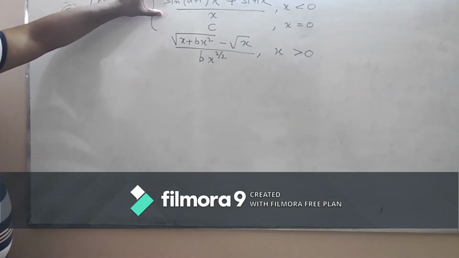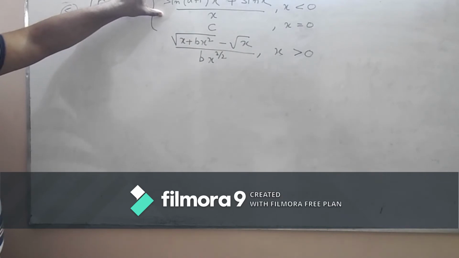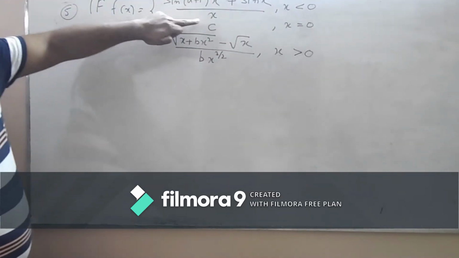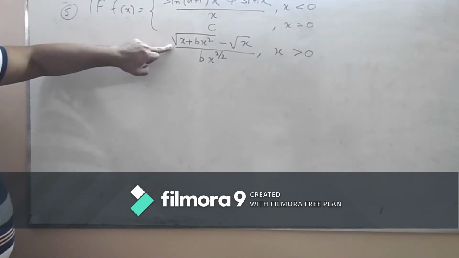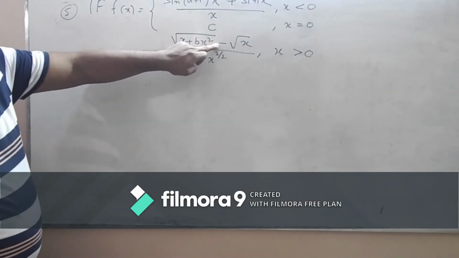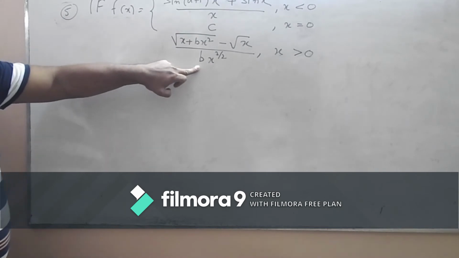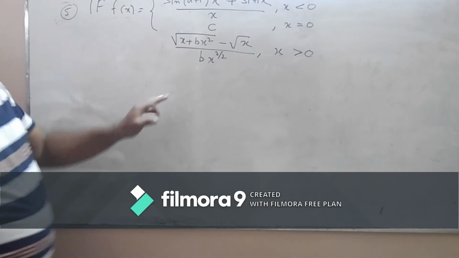f(x) is sin((a + 1)x) + sin x upon x when x is less than 0, c when x is equal to 0, and (√(x + bx²) − √x) upon bx^(3/2) when x is greater than 0.